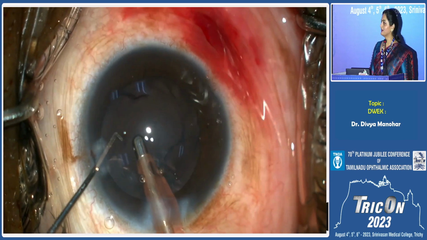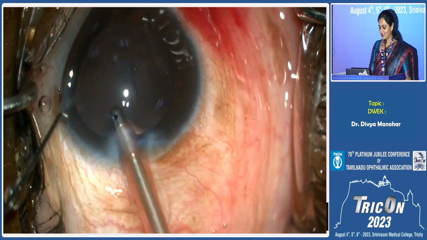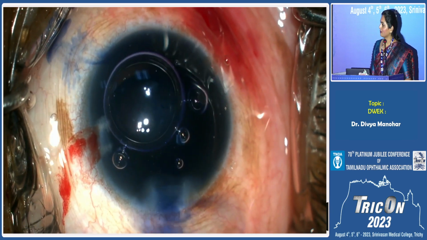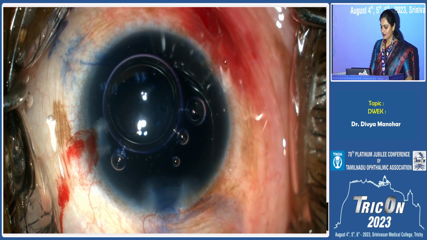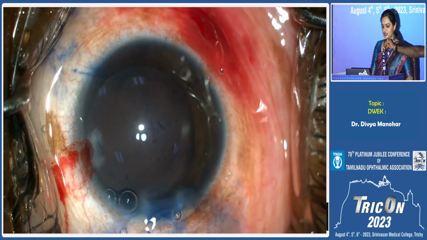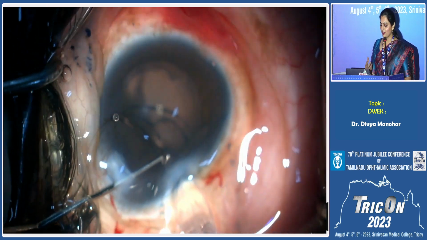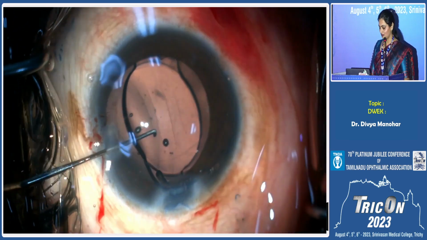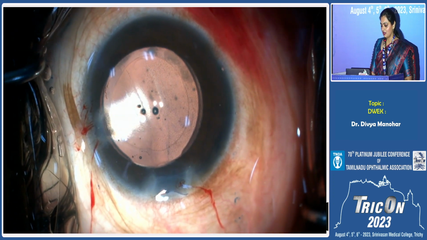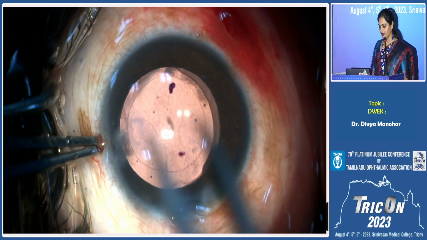I don't do it at this speed though, for people wondering. Once done, I stain the cornea with trypan blue and wait for the corneal staining to happen. You can see that the diseased cornea gets stained well with trypan blue, and after injecting the IOL under viscoelastic, I mark the central 4 millimeters of the cornea.